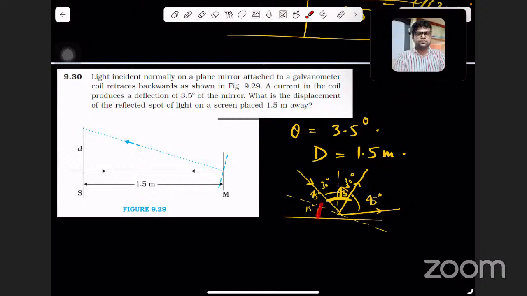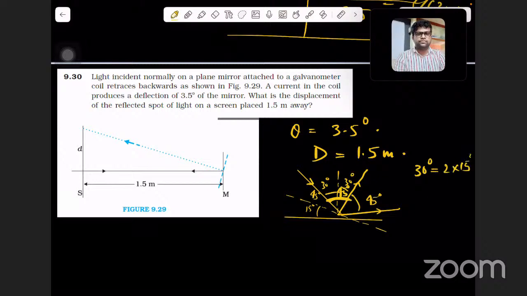So if I deflect the mirror by 15 degrees, the reflected ray will suffer a deflection of 30 degrees, and that is 2 times 15 degrees.